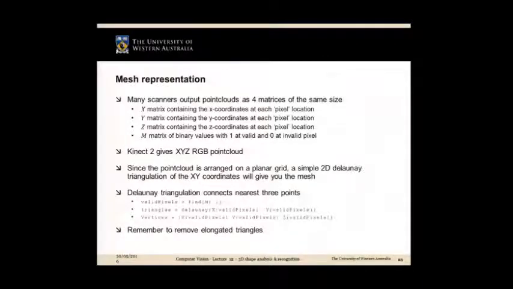Now the problem with this triangulation is if you have a point on the border of an object, on the edge, that will be connected with a point on the top of the surface, and that will give you an elongated triangle. I have one example image, I have intentionally included that there as well. These elongated triangles are actually removed from the data because they don't carry information, right?